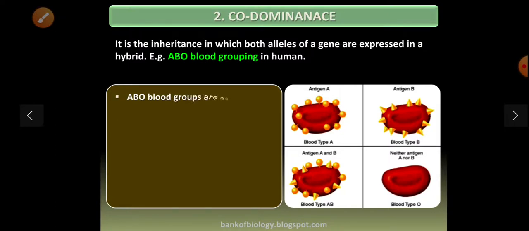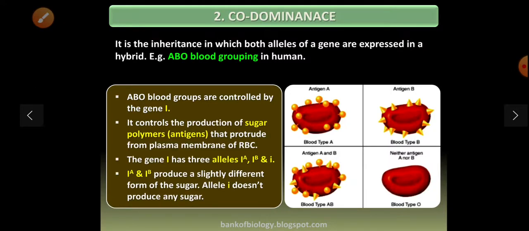Codominance is the inheritance in which both alleles of a gene are expressed in a hybrid. The example is ABO blood grouping in humans.